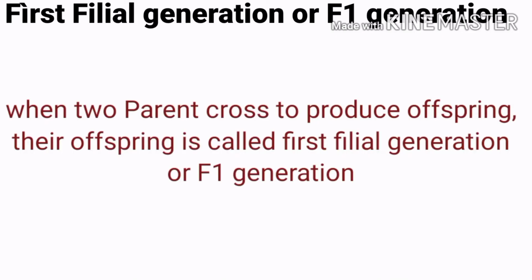Let us now define first filial generation or F1 generation. When two parents cross to produce the offspring, their offspring is called first filial generation or F1 generation. Let us see through this figure.